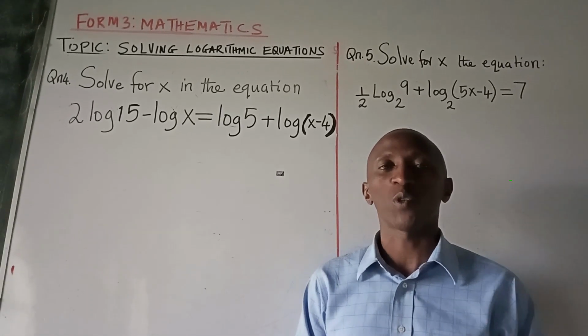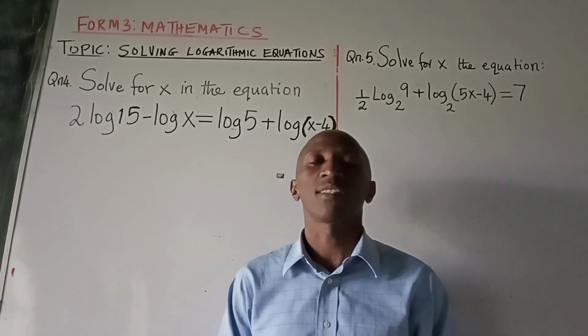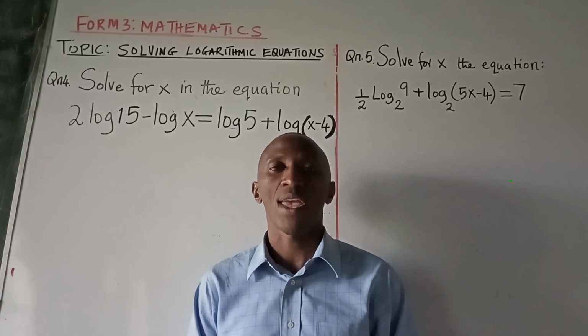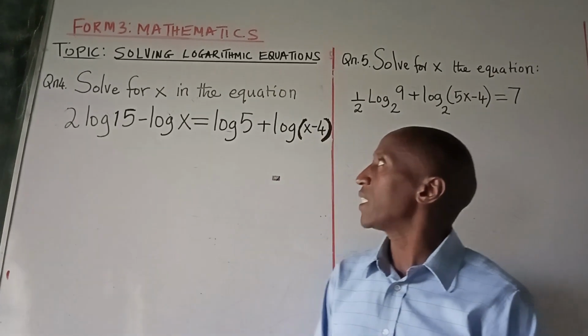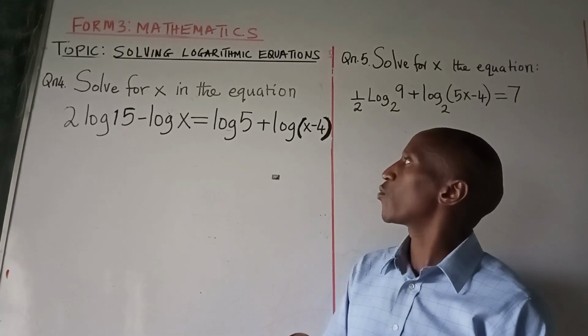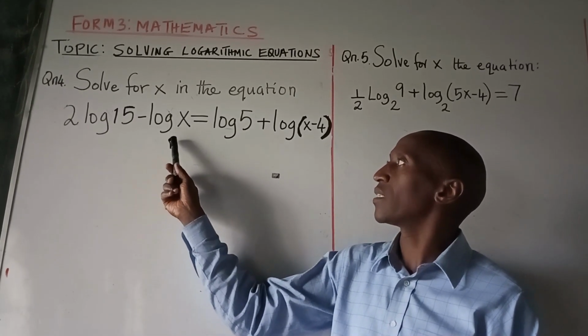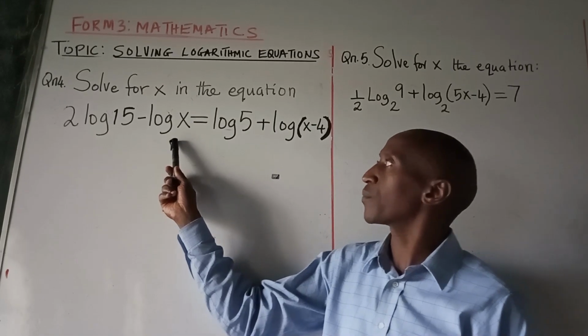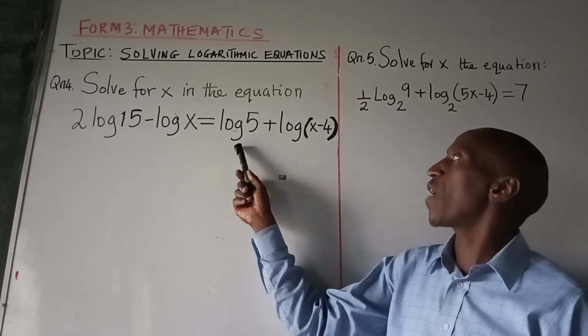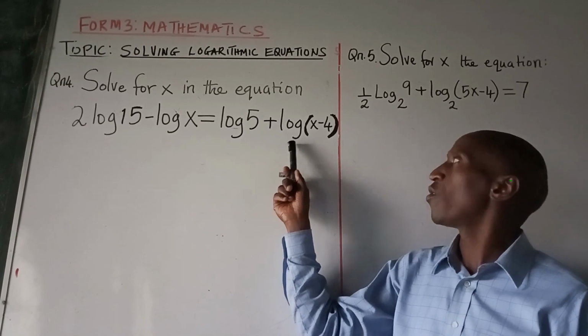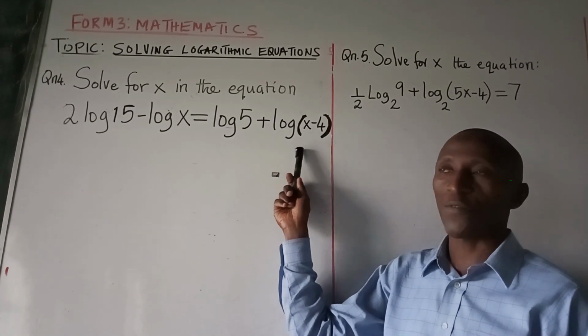It will also give you an opportunity to test the skills that you have so far acquired. Question number 4 reads, solve for x in the equation 2 log 15 - log x = log 5 + log(x - 4).